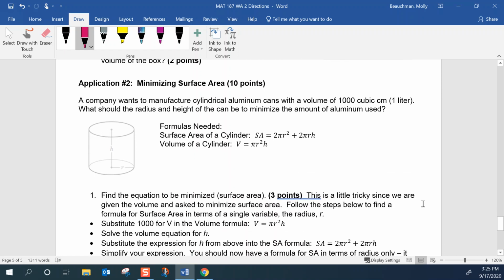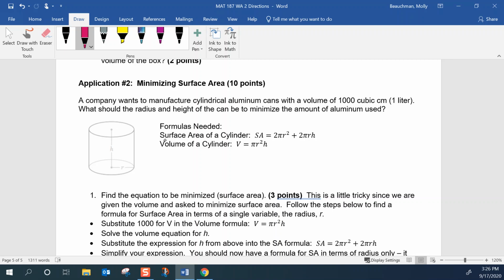The second problem is minimizing surface area. A company wants to manufacture cylindrical aluminum cans with a volume of 1,000 cubic centimeters, which is a liter. What should the radius and height of the can be to minimize the amount of aluminum used? So we want to make sure that the can holds 1,000 cubic centimeters, but we want to use as little material as possible.